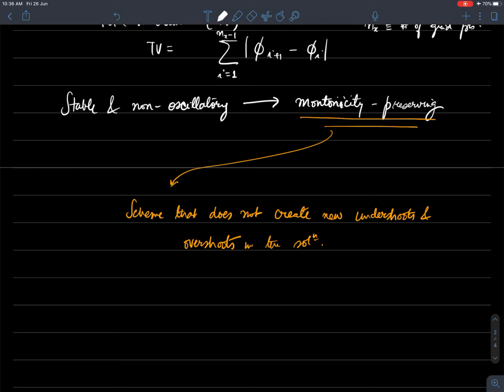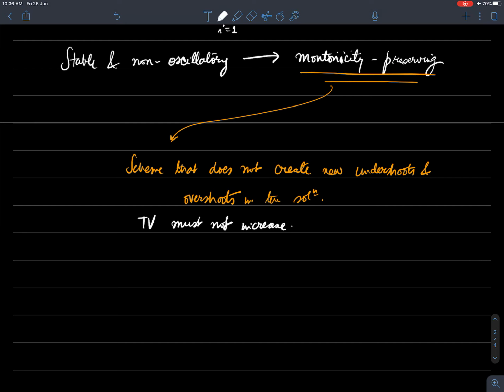Now for this to happen, that the scheme should not create any new overshoots or undershoots in the solution, the total variation must not increase. Only then do we get this kind of behavior.